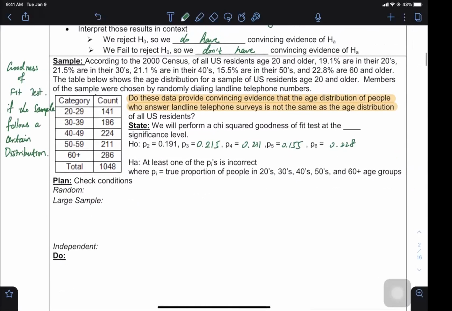And then now let's check the conditions. So we need to check two conditions. One is a large sample, so we need to make sure all the expected counts are greater than 5. So how do we find the expected counts? This is our observed counts.